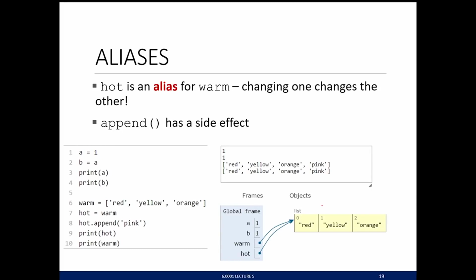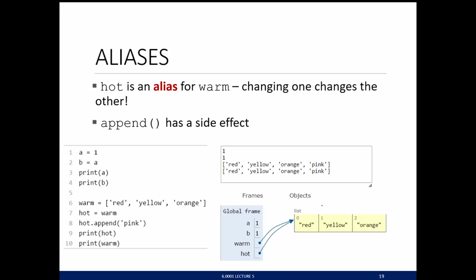With lists, however, something different happens. I have warm as a variable, and it's going to be equal to this list. So warm is going to point to this list here, red, yellow, orange. It contains 3 elements. Hot is equal to warm means I'm creating an alias for this list, with this variable hot. So notice warm and hot point to the exact same object.